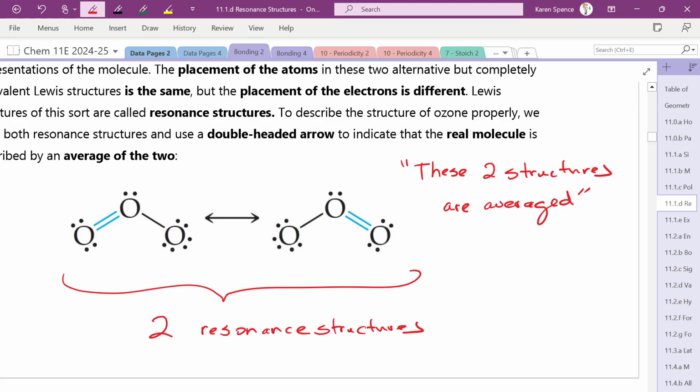That's what those back and forth diagrams are telling you. So it's not an accurate representation of what is, but it's trying to tell you that those are averaged. Okay?